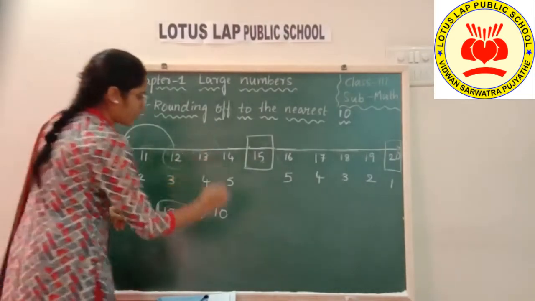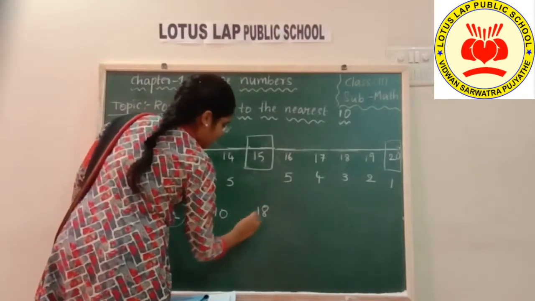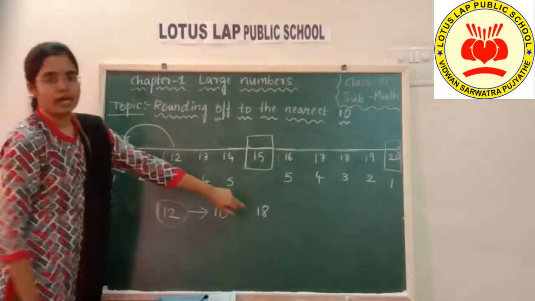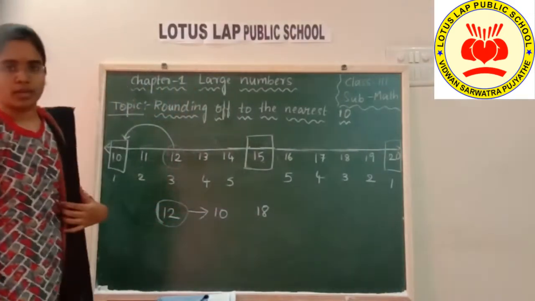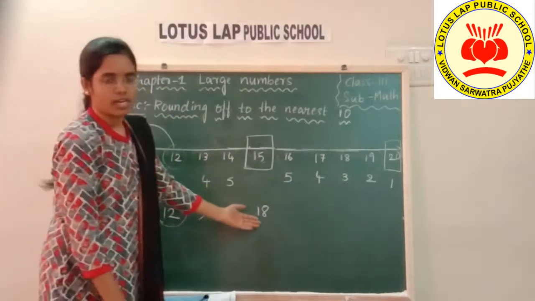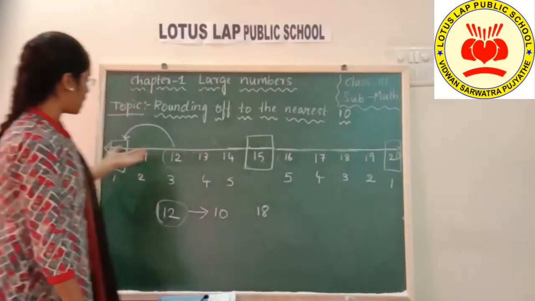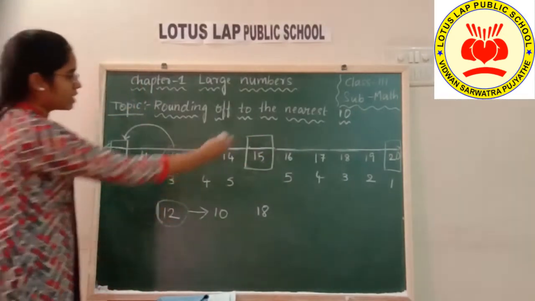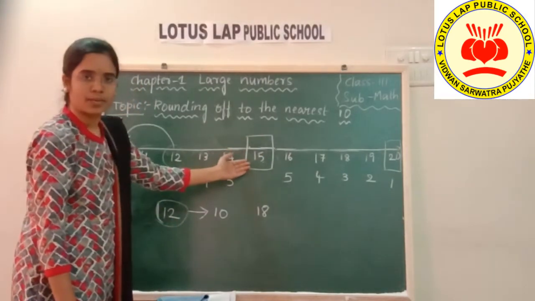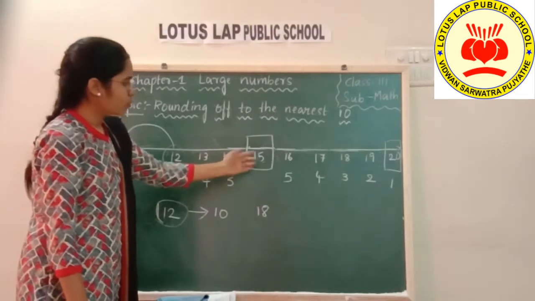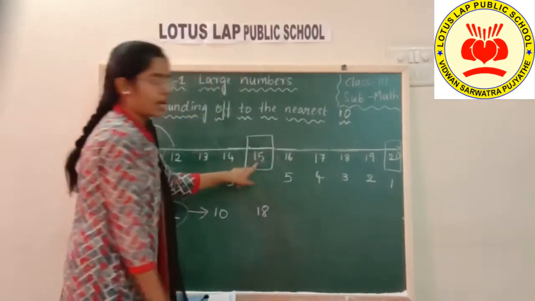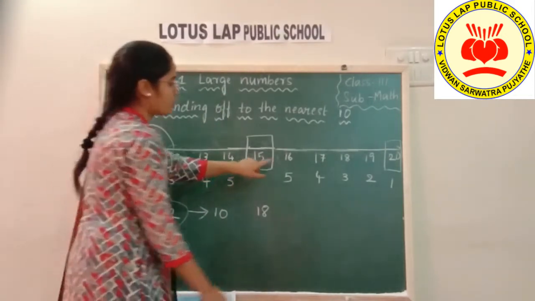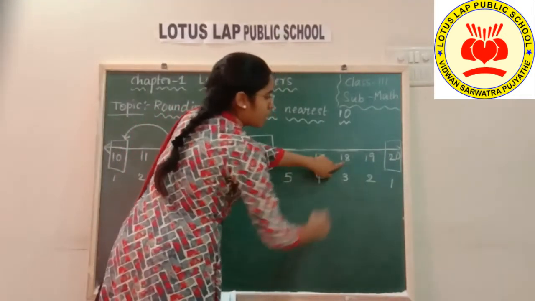For example, if I am taking value 18, how do I need to round off this number 18? First let us check where 18 is on the number line. Is it to the right side or to the left side of the reference value, children? This is our reference value. Where is 18? It is to the right side of the reference value, children. So what is the nearest number? Can you observe?